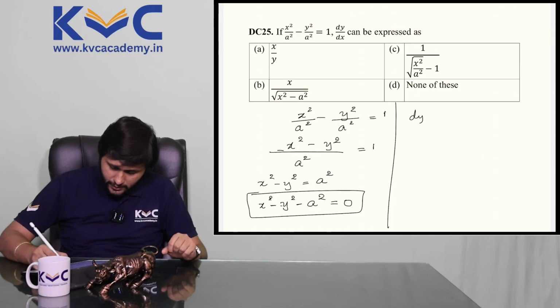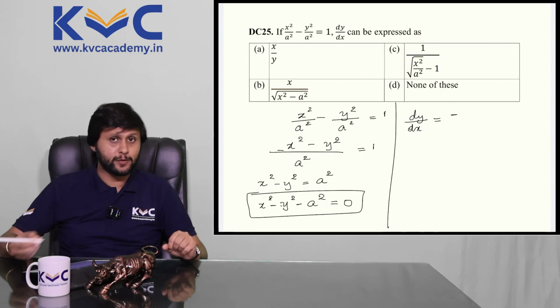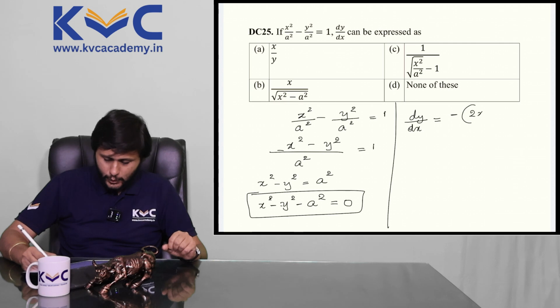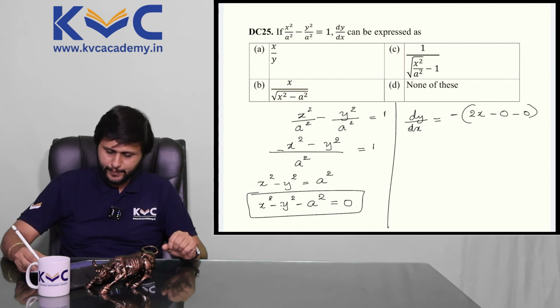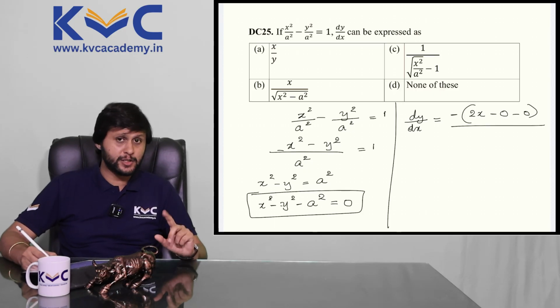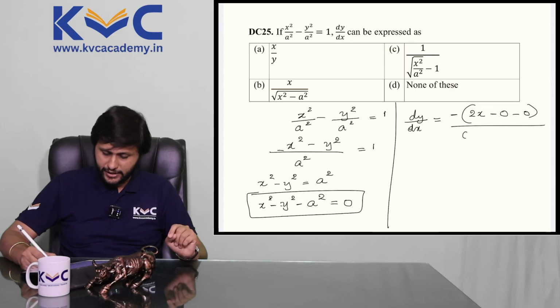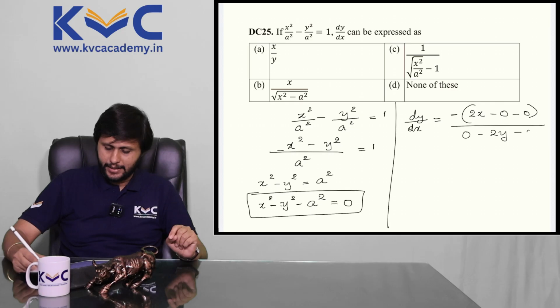Now differentiation on the left hand side, we write dy by dx equal to minus sign outside. Differentiation of x square, 2x. Differentiation of y square, remember it's a 0. It's constant, divided by x square. Differentiation of x square with respect to y, x is constant, 0, minus differentiation of y square to y, again we have 0.